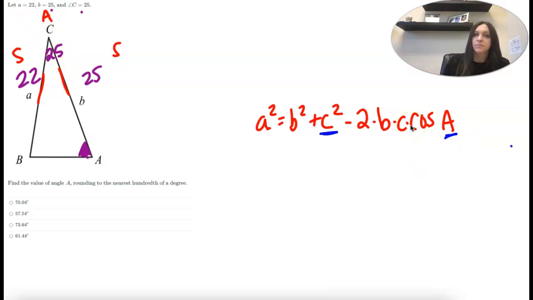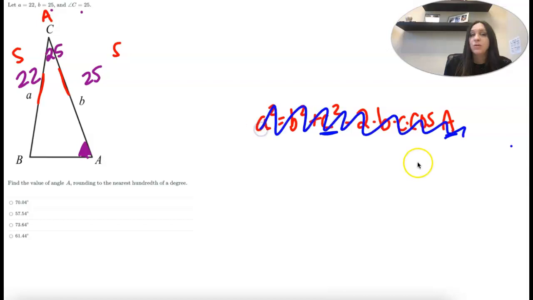So this is not the formula that we're going to use. And I wanted to show you that because sometimes you have to go kind of roundabout to get what you need.